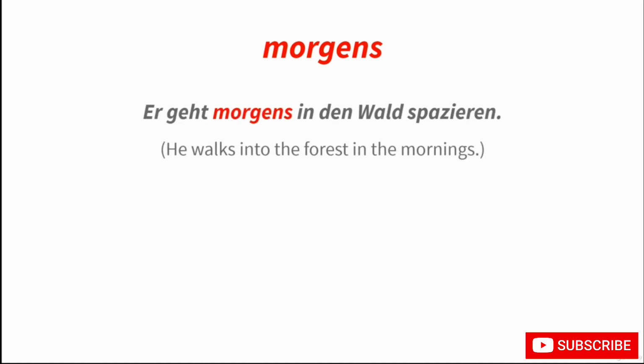For example, er geht morgens in den Wald spazieren means he walks into the forest in the mornings or every morning. It's a routine for him, he does it every morning. That's why morgens must be used.